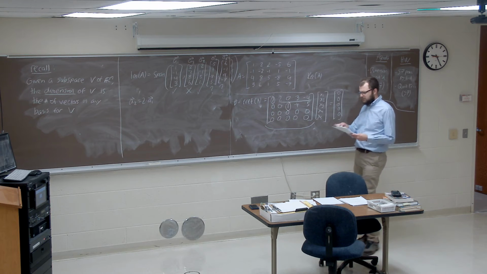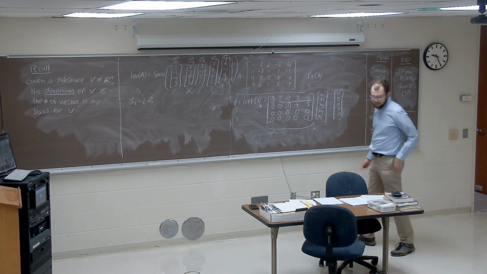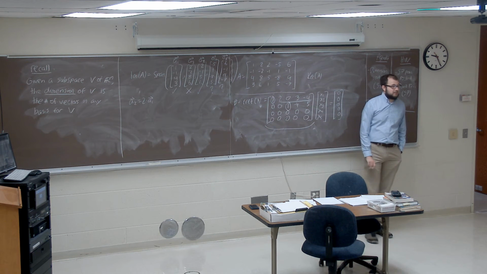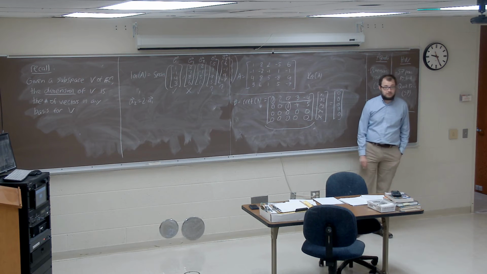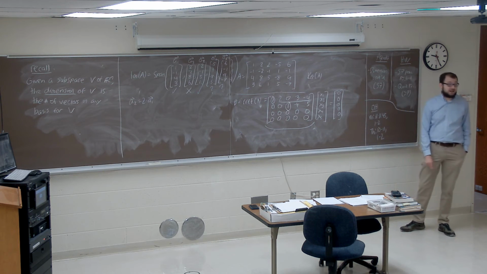Because what I want to do in this standard is to talk about how we can use the reduced row echelon form of A to determine which columns in A are redundant columns and which ones in A are not redundant.